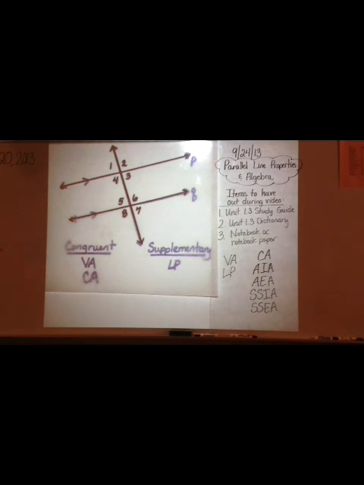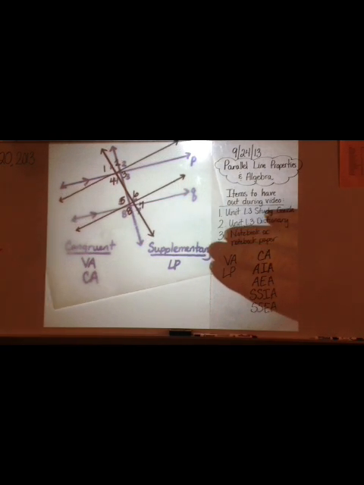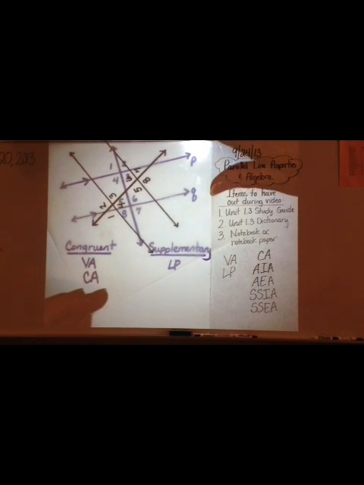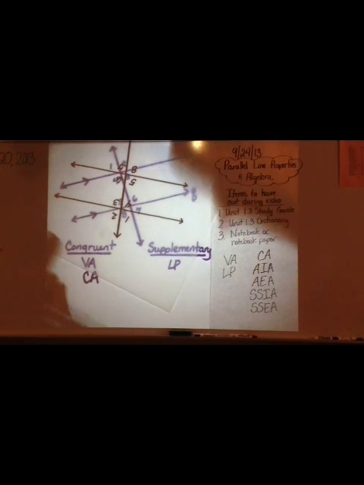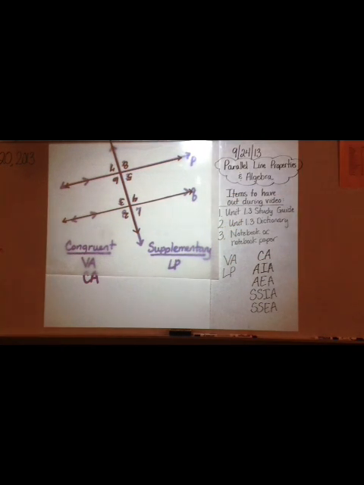If we focus on angles 3 and 5, taking our patty paper and rotating it, let's establish the relationship between angle 3 and angle 5. The rays of angle 3 and angle 5 overlap exactly again, so we can say that alternate interior angles are congruent. Please add that to your congruent list.